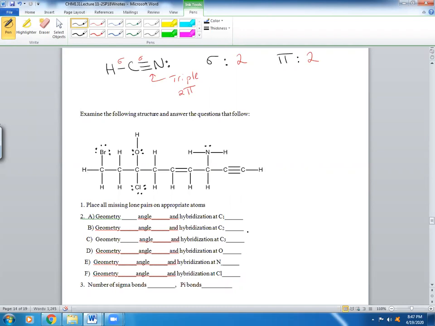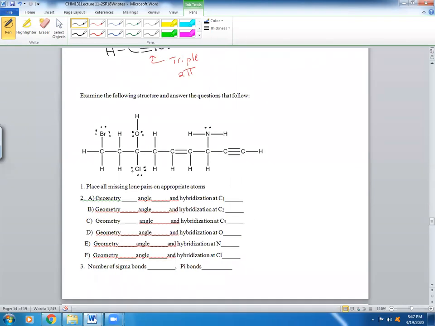Okay, next question. A, what is the geometry of C1? So I'm going to label C1, C2, and C3. So here's C1, here's C2, and here's C3. I'm going to erase them when we work on it. Okay, so the geometry.